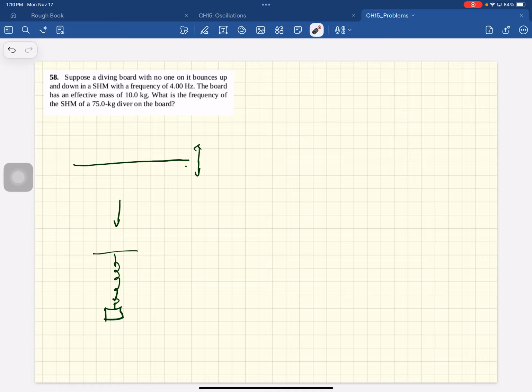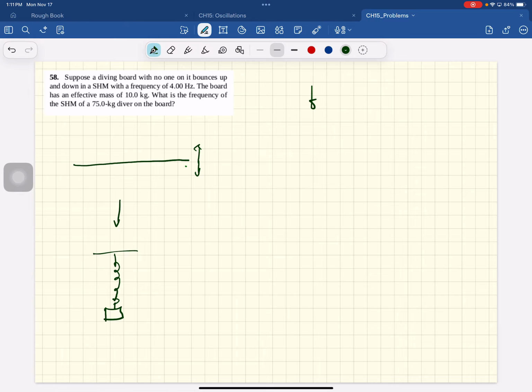The board has an effective mass of 10 kg, so this board is acting like a simple harmonic oscillator with a mass of 10 kg and a spring constant. What is the frequency of the simple harmonic motion if a 75 kg diver is on the board? So now you put a 75 kg diver on the board, so you're adding that mass, and the spring constant is still the same. So what is the new frequency?